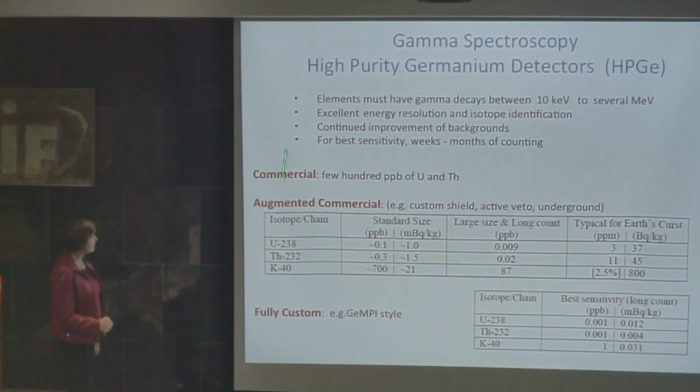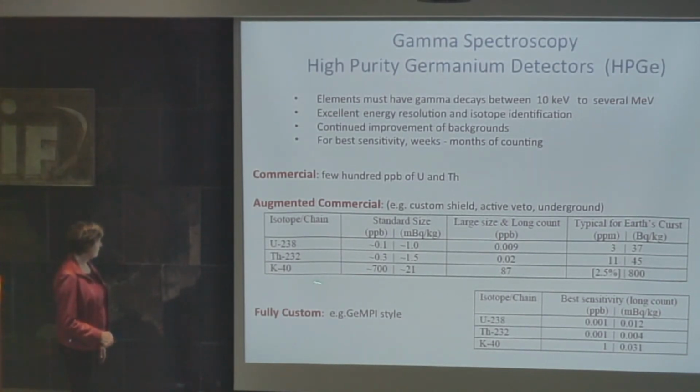The commercial ones, they come in various forms. Commercial ones that you can buy are a few hundred parts per billion of uranium and thorium. What we often use, I call augmented commercial. These are the ones that you might purchase from Canberra that is already known to be very sensitive, and you make your own shield and you put it underground. Maybe you have an active veto around it, like a sodium iodide Compton veto. And now you're getting down to much better sensitivities.